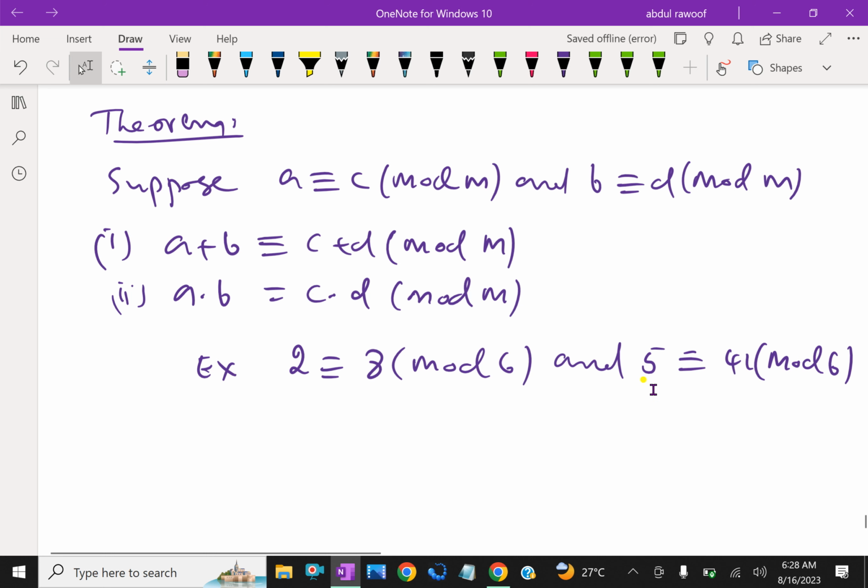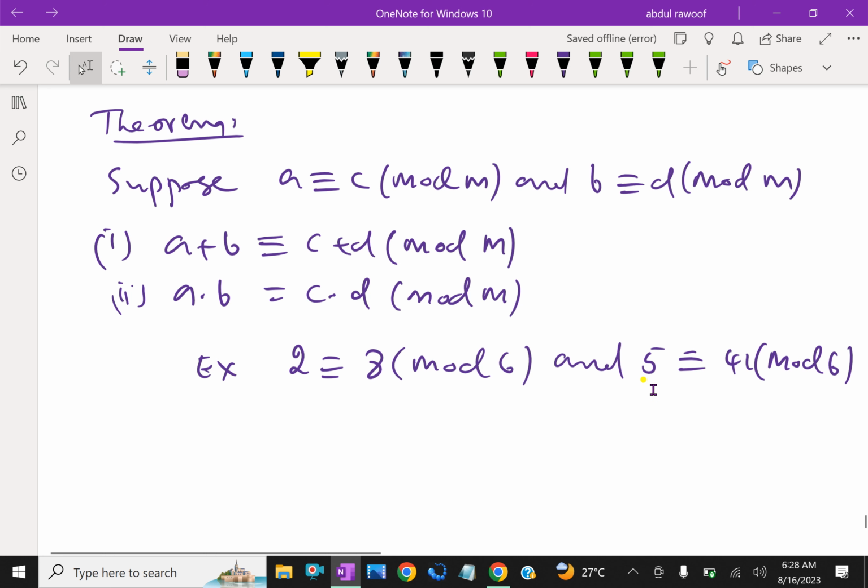Then from this theorem, we can say 2 plus 5 is congruent to 8 plus 41 mod 6.